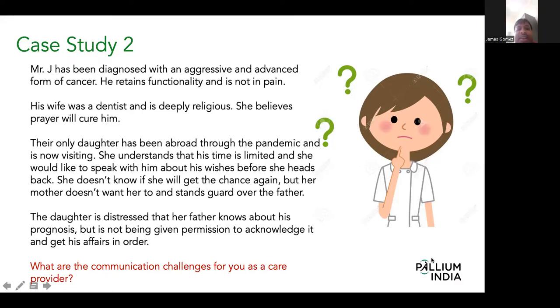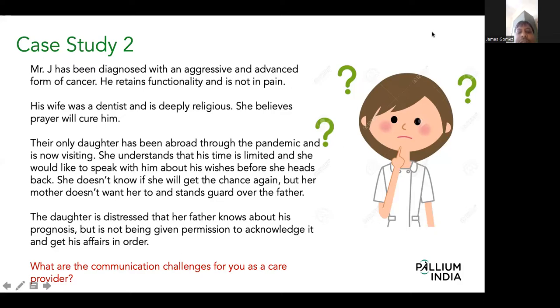Mr. J has been diagnosed with an aggressive and advanced form of cancer. He retains functionality and is not in pain. His wife was a dentist and is deeply religious. She believes prayer will cure him. Their only daughter has been abroad through the pandemic and is now visiting. She understands that his time is limited and she would like to speak with him about his wishes before she heads back.